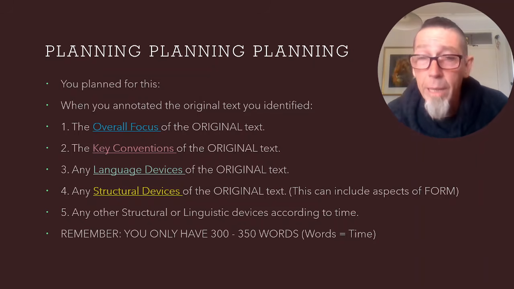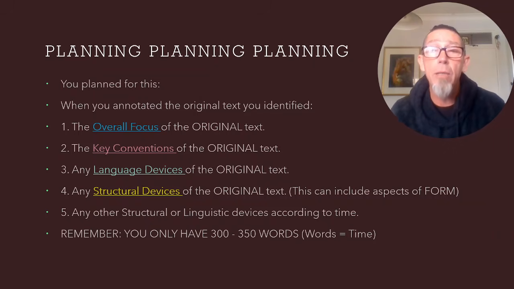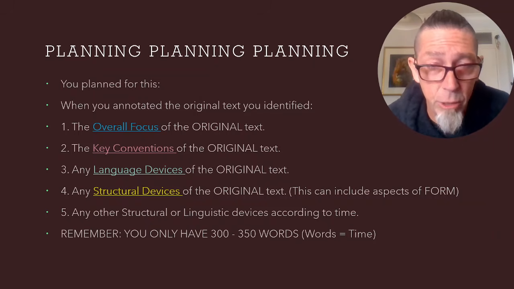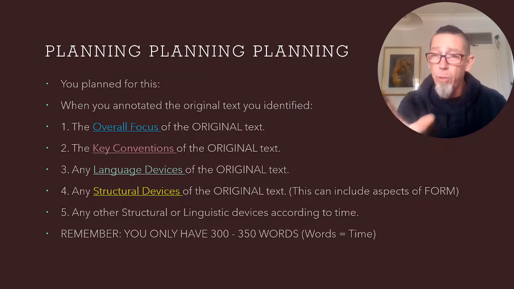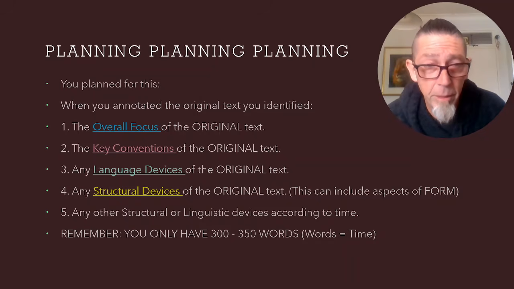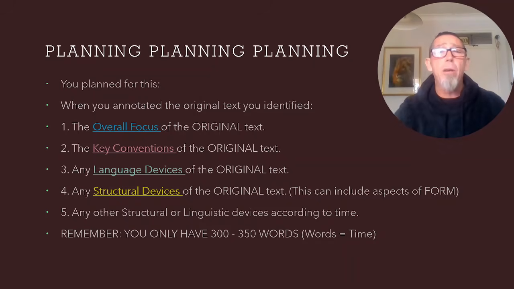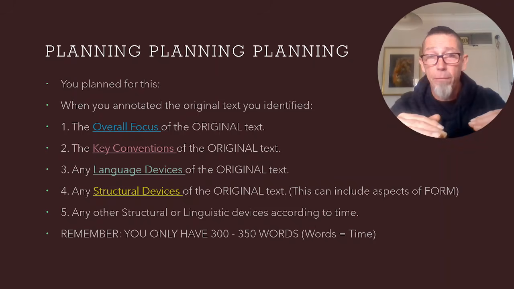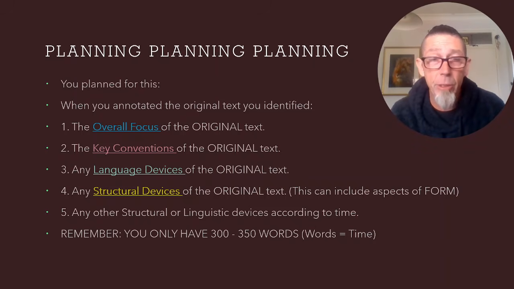You need to know all of your language devices. You need to know all of your structural devices. This can also include aspects of form, and we're going to see how that works. Then any other structural or linguistic device that you have, this is your plan. This is what you're going to be looking for when you're annotating the original text.